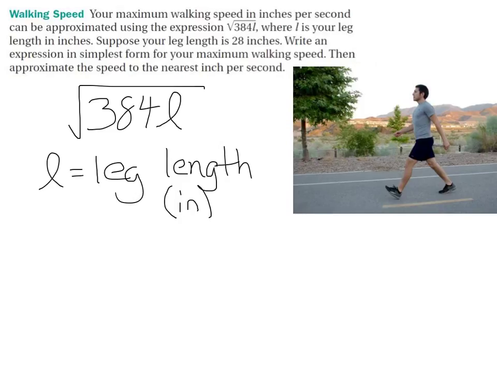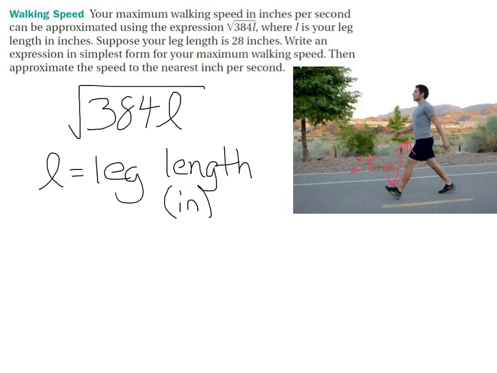So in other words, let's say you are this gentleman right here. The leg length you have, in other words, the distance from your waist to the bottom of your foot, is 28 inches. Knowing that, how can you calculate your maximum walking speed? And by maximum walking speed, meaning how fast you can walk if you're really, really pushing yourself.